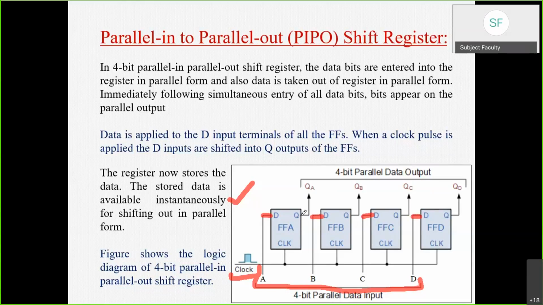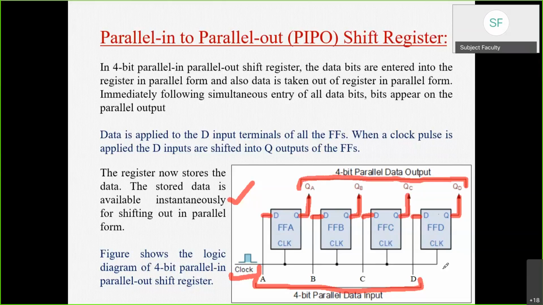Again, the output of flip-flop A, that is Q, is taken as QA. The output of flip-flop B is taken as QB, and similarly the output of flip-flop C is taken as QC and the output of flip-flop D is taken as QD. When you collect this QA, QB, QC, QD simultaneously, this will become your 4-bit parallel data output.